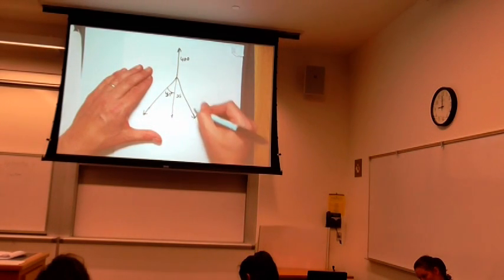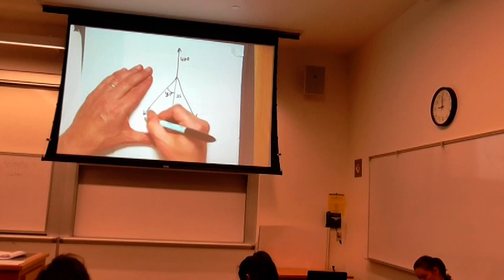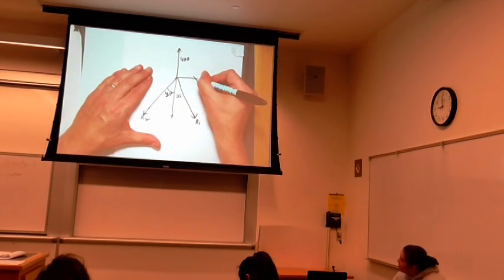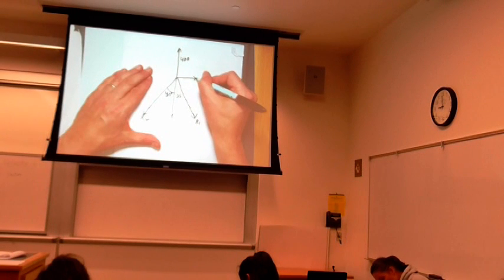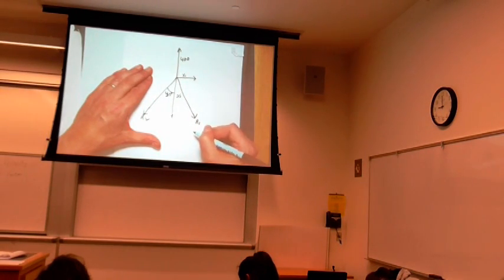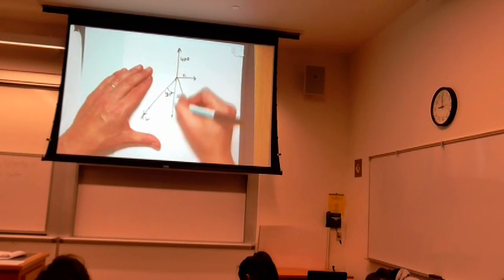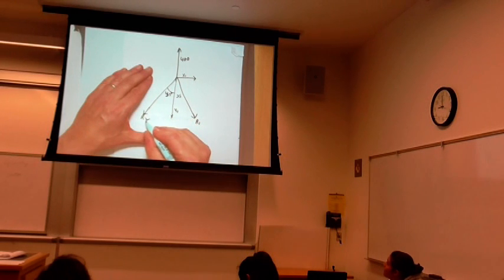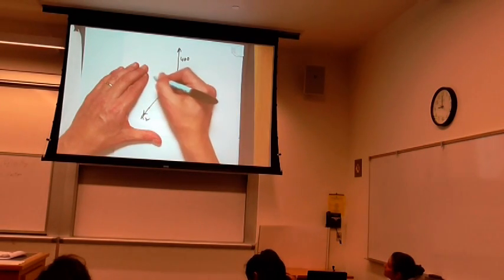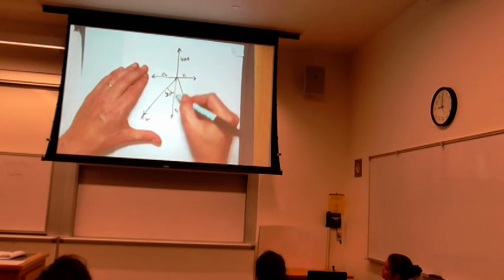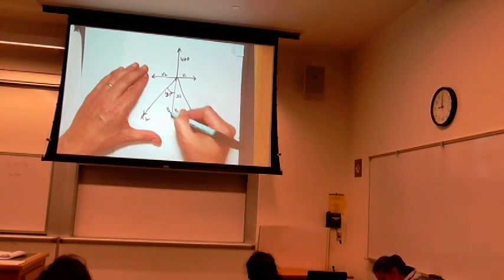Let's call this rope 1 and this rope 2. We'll call this the x component of R1, x1, and the y component y1. For this rope, it has an x component, x2, and a y component, y2.